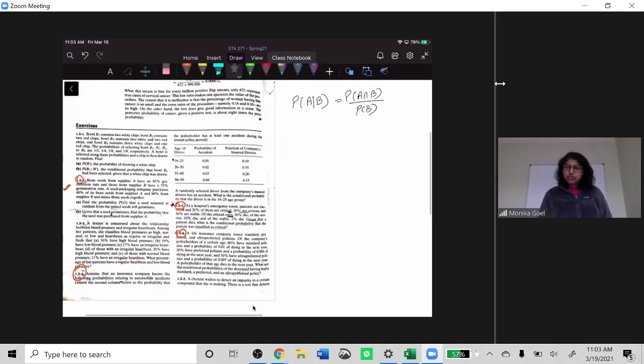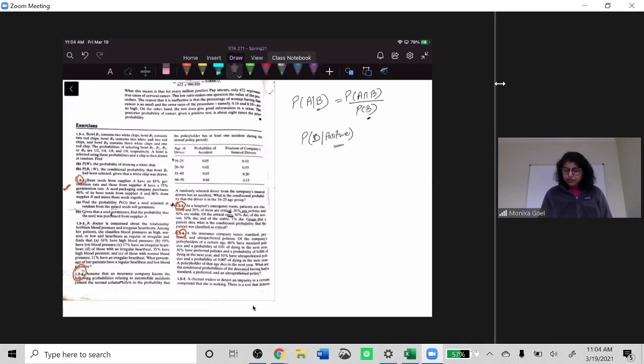So this is what we did in conditional probability when B is an event that is given to us. What happens if this B is a sum of multiple events? Like the example we did in the slide: what is the probability that the subject has the disease given that the test is positive?